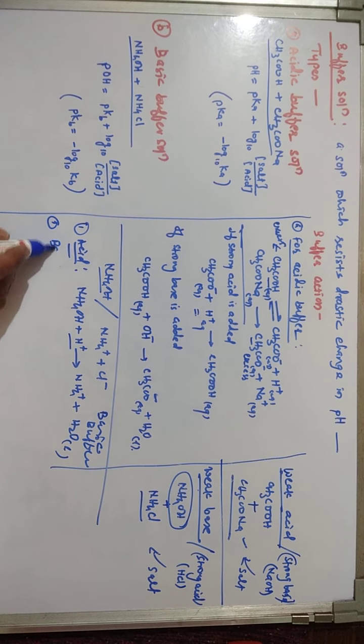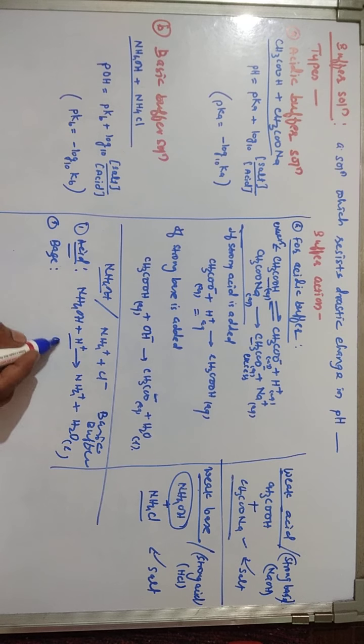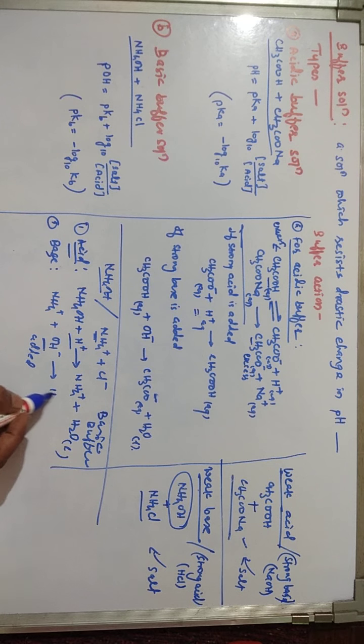If a base is added, then we are adding OH minus ions, but the solution contains NH4 plus ions. The NH4 plus ion combines with the externally added OH minus ions of the strong base, forming neutral NH4OH molecules.